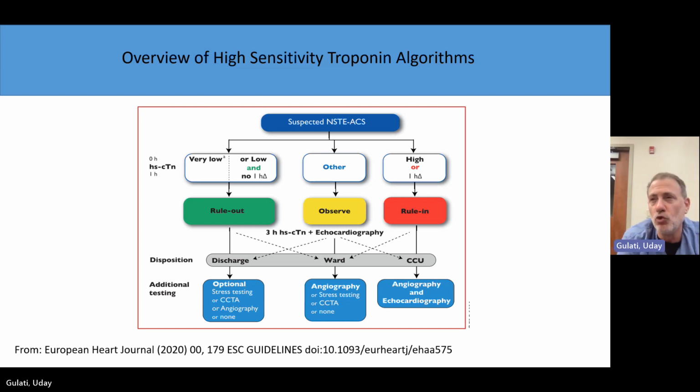Instead of saying that they rule in for MI, I would encourage you to think of that as an abnormally elevated troponin, and then you have to decide what that means. Okay. And patients then fall into another category if they don't meet either of those criteria, right? We call that sort of indeterminate, or we put them in the observation bucket, right?